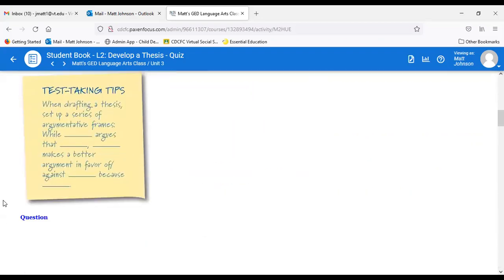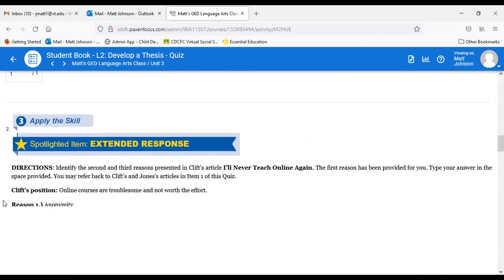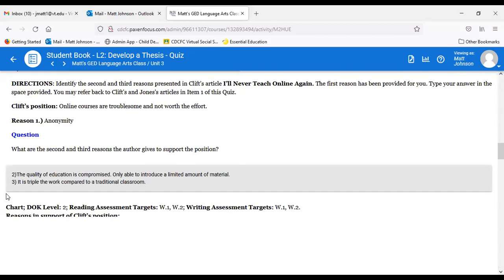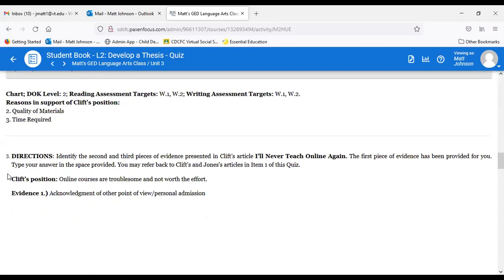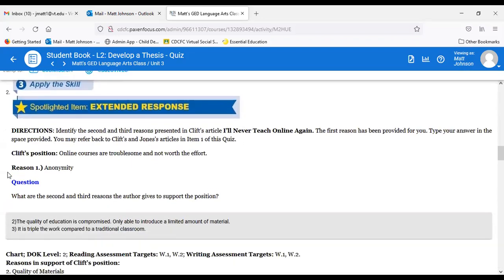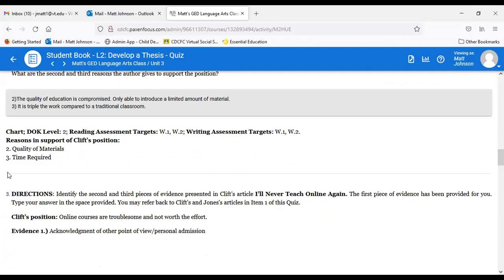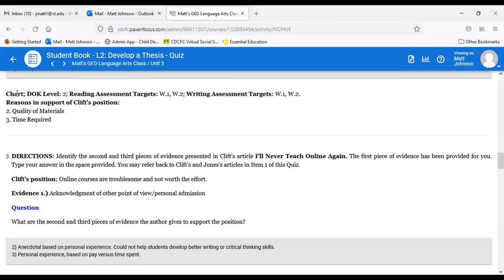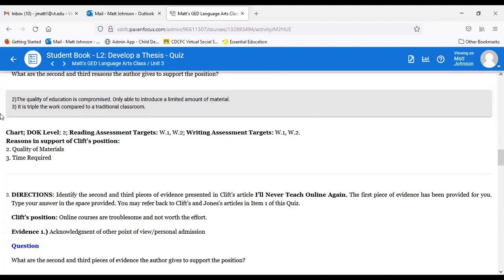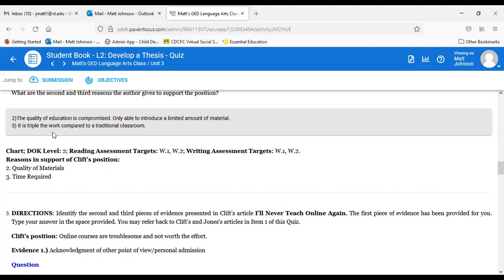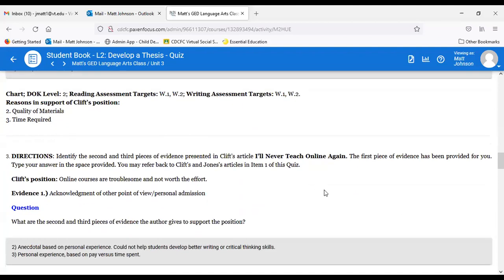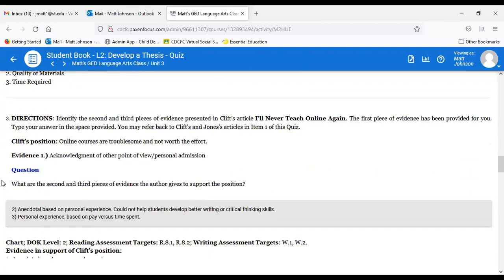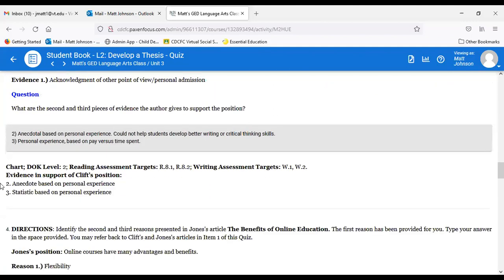Right, we get our check mark. It doesn't grade, right? It does give us examples of the right answer, right? So there are more concrete answers for those first parts, right? There's only 2 reasons, there's only 3 reasons, those things like that. So like the first piece of evidence has been provided for you. And then if we look underneath, it'll show you, right?